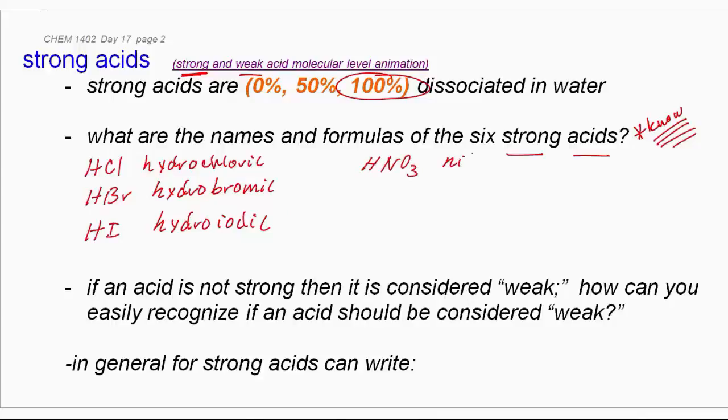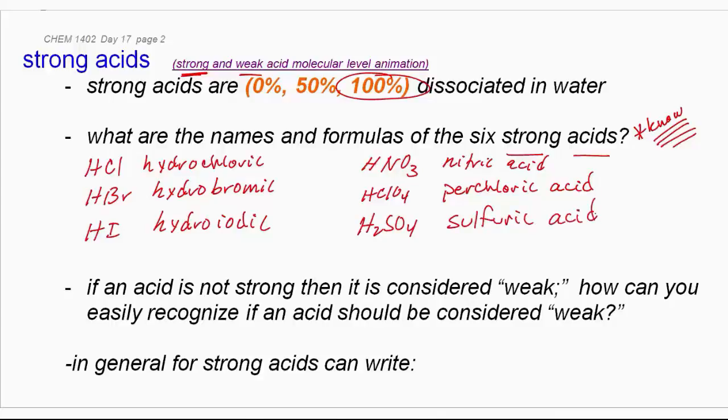HNO3, nitric acid, HClO4, perchloric acid, and H2SO4, sulfuric acid. So these are all of our strong acids.